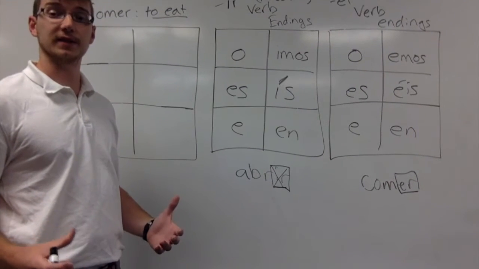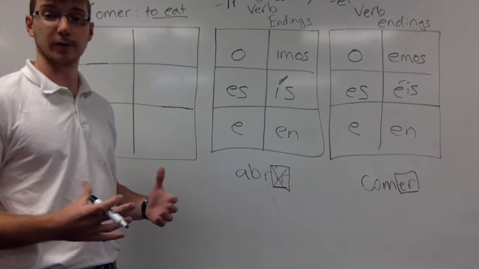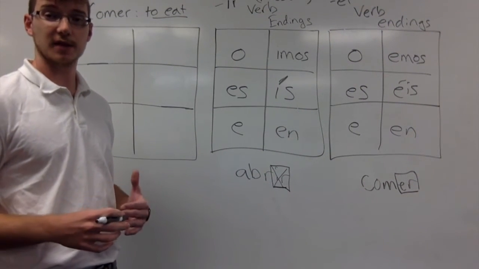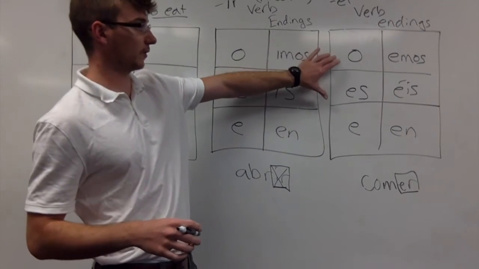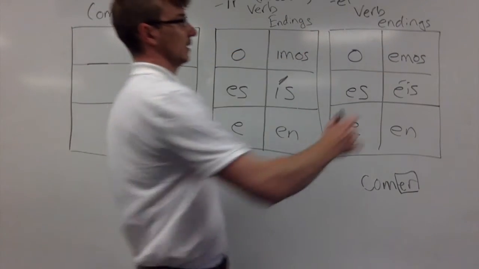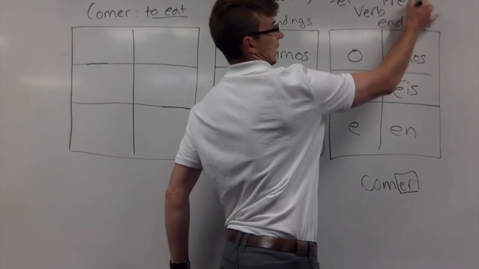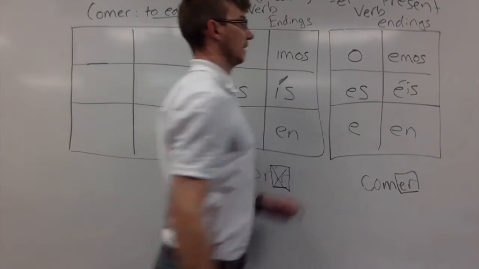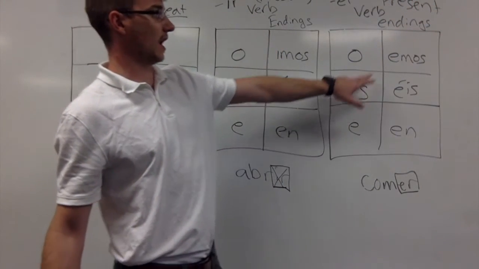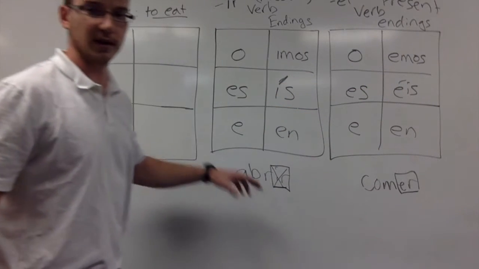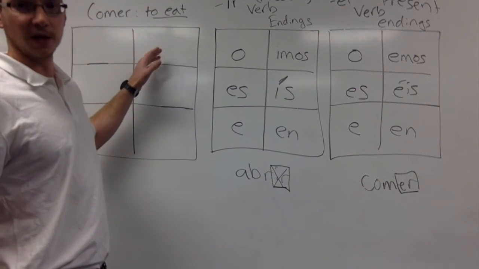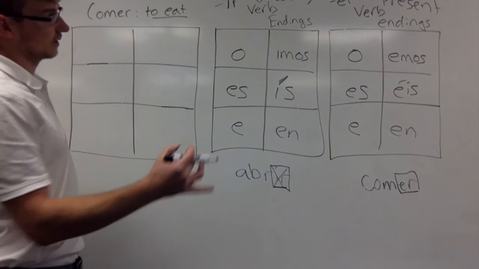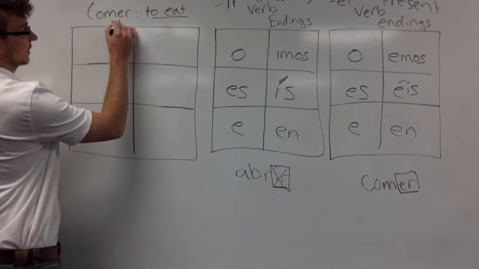Okay, now we're going to practice conjugating an ER verb in the present tense. Let's take these verb endings that we have written over here for the ER verb endings in the present tense: the O, the ACE, and the A, AMOS, ICE, and N, and we're going to apply them to the verb comer. Comer means to eat, so let's identify what our verb ending is.